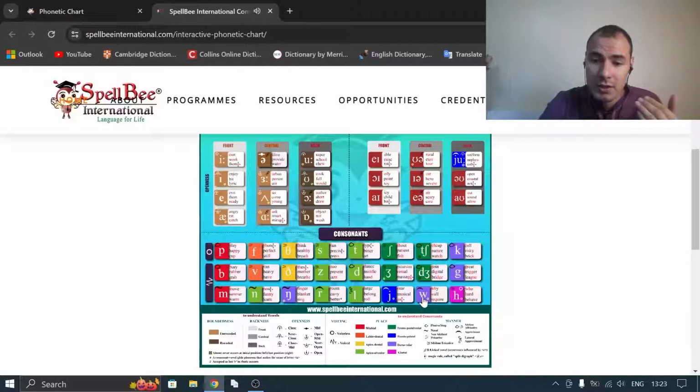Like yeah, okay. Then you have the lateral approximant, in which you cover the central part of your mouth and then allow the airstream to come out the lateral sides of your mouth, okay? Lateral approximant. And the combination of plosive and fricative becomes the sibilant affricate. Ch and j.